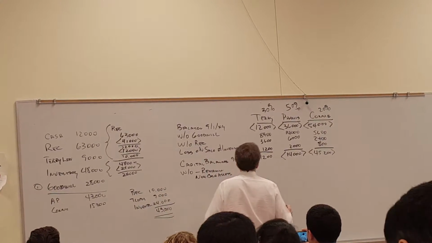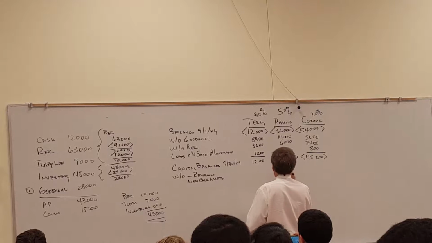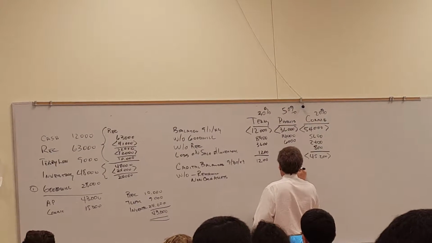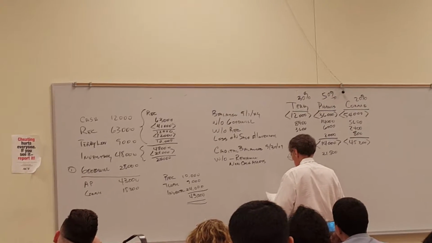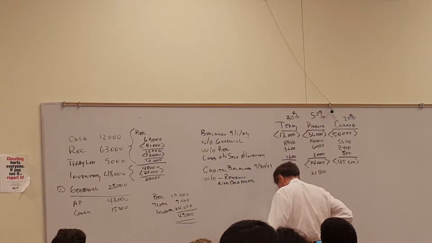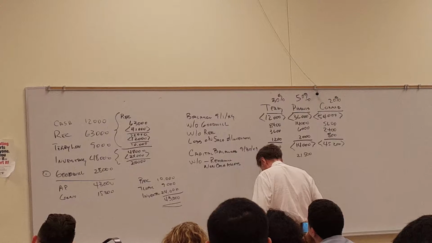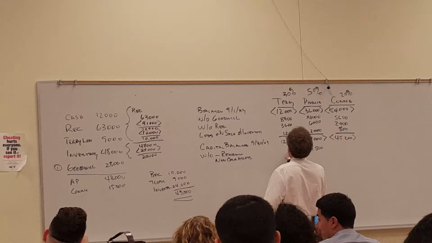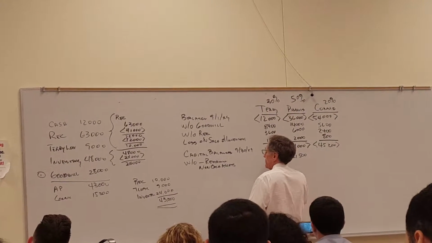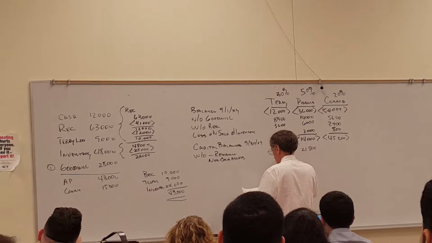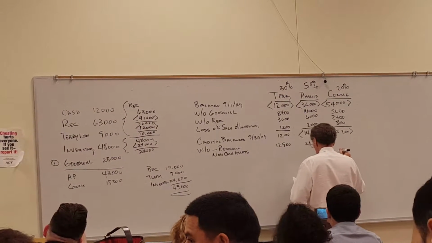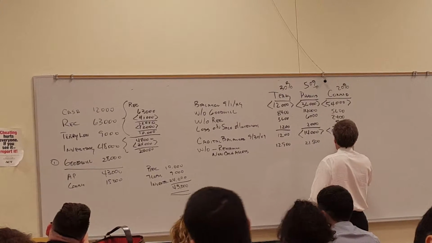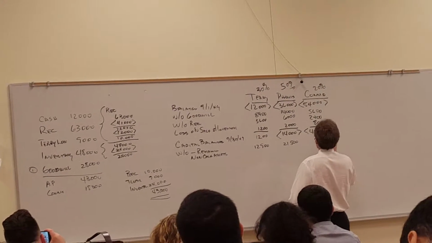So this would be 43,000, which would be 21,500 to Phyllis, and 30% or 12,900 to Terry, and 8,600 to Connie.